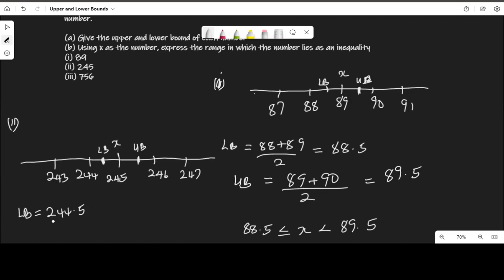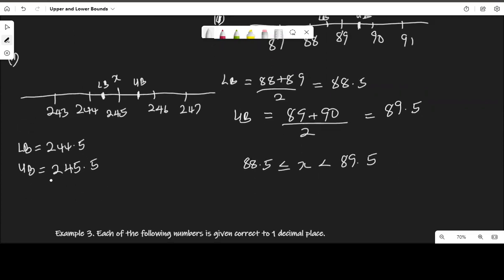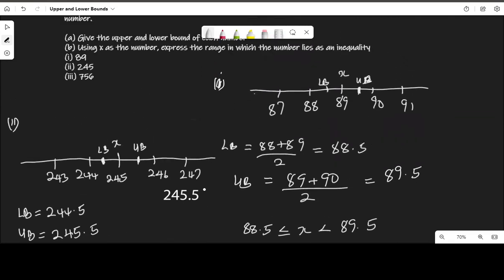That's another way to put it. So upper bound UB is 245.5. Now using inequality to represent the range, that will be 244.5 is less than or equal to x, and x is less than 245.5. That is that for question number II.